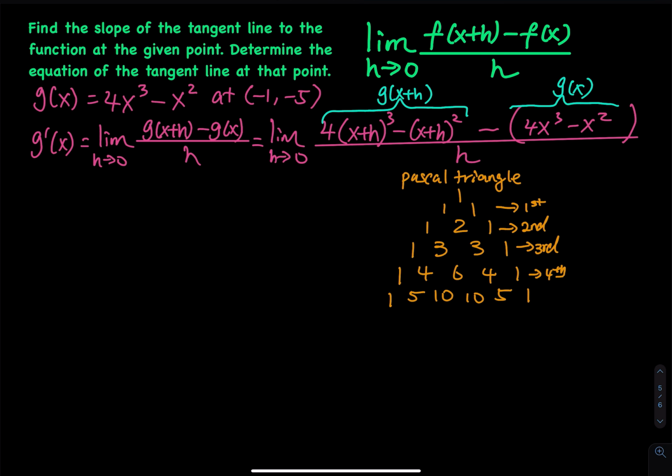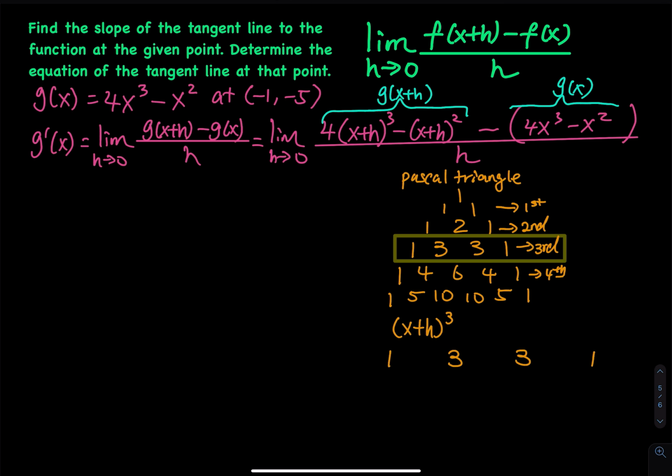We are trying to expand (x plus h) to the third power. Since that is raised to the third power, we will be using this line. How do we use the 1, 3, 3, 1? The 1, 3, 3, 1 are coefficients. So here is how we do it for (x plus h) to the third power. You write 1, 3, 3, 1 on your paper.